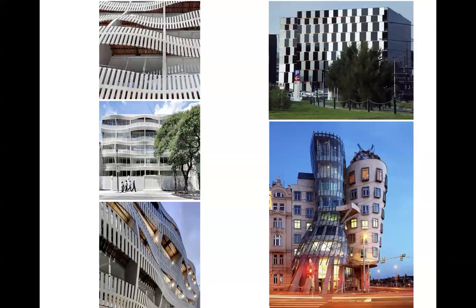And here are some examples from architecture of visual effects that you can create in different ways. I will not go through the details here, but you can see that you can play around with three-dimensionality. I mean, it looks like it's moving in different kinds of ways. And these lines look not parallel, but actually they are parallel, and so on.